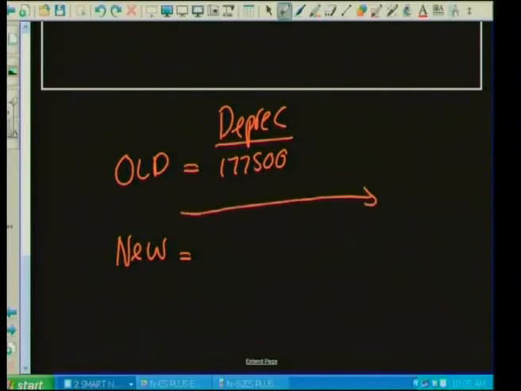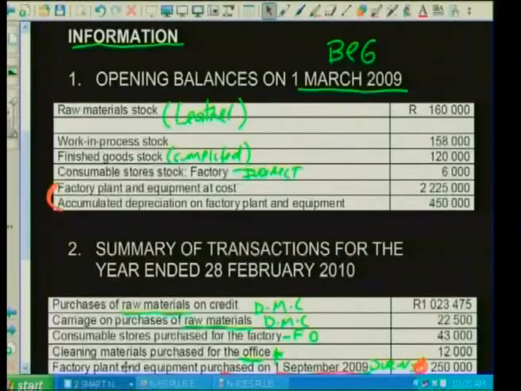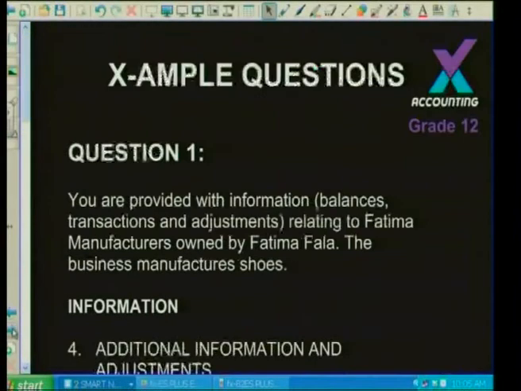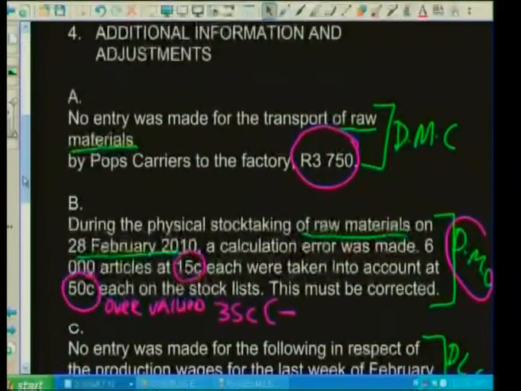Right, depreciation on the new equipment that was purchased. I'm just going to quickly, guys, plot a timeline. Financial year starts on the 1st of March 2009, ended on the 28th of Feb 2010. Let's just quickly go to our info and check when did we purchase this additional equipment. So we're going to additional information.